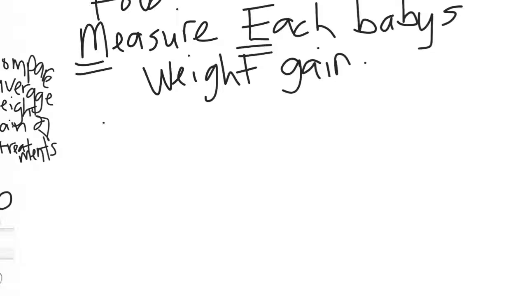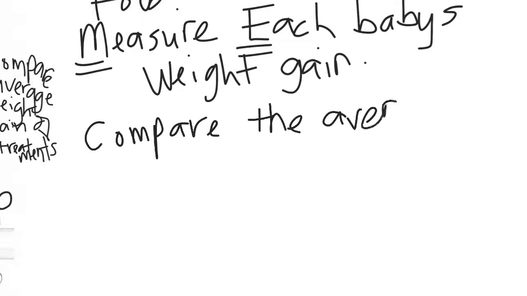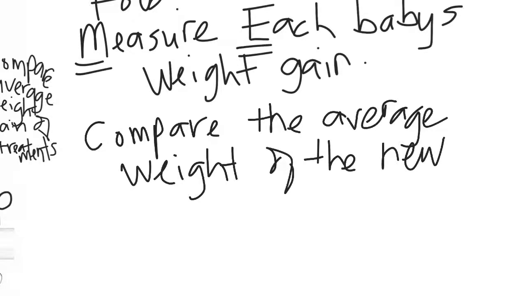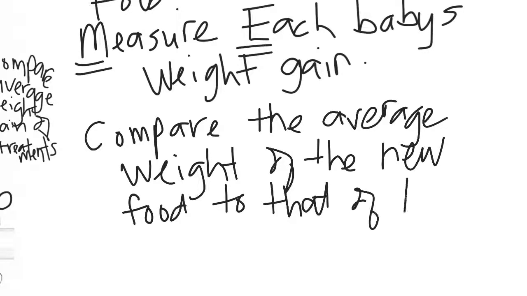So we're going to compare the average weight gain of the new food to that of the what? Competitors. Very good. We're comparing the average weight gain of the new food to that of the competitor's food.